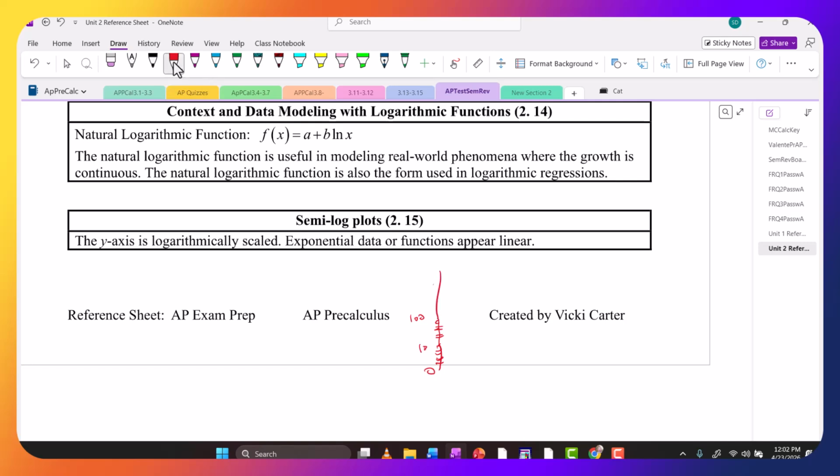Then the next lines go up to 1,000. So this is 100, and then 200, 300, and so on up to 1,000. What it does to a logarithmic graph that would look like this on a regular coordinate plane is make it look linear on a logarithmically scaled semi-log plot.